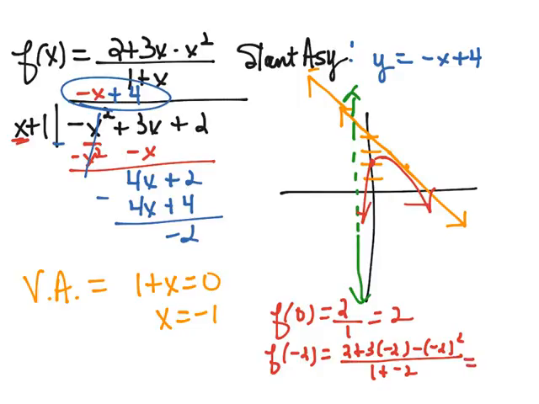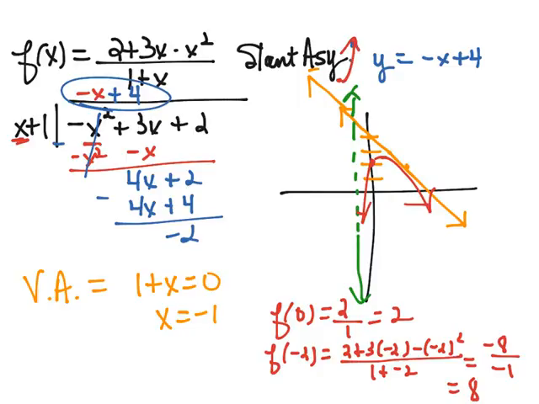So we're going to have 2 minus 6 minus 4, which is equal to negative 8, divided by 1 plus negative 2, which is negative 1. So it looks like that when x is negative 2, y is 8, so up here.